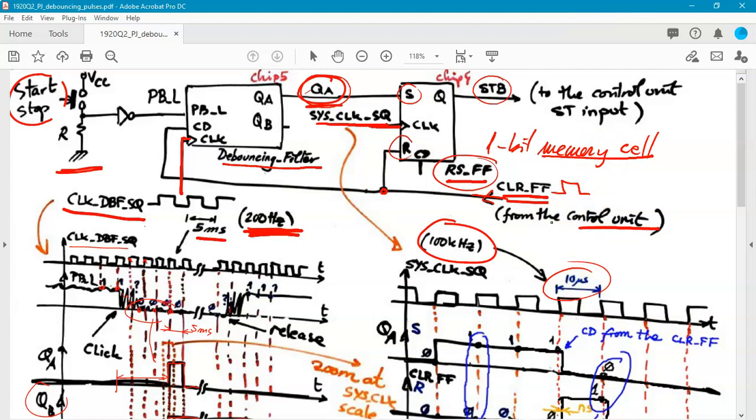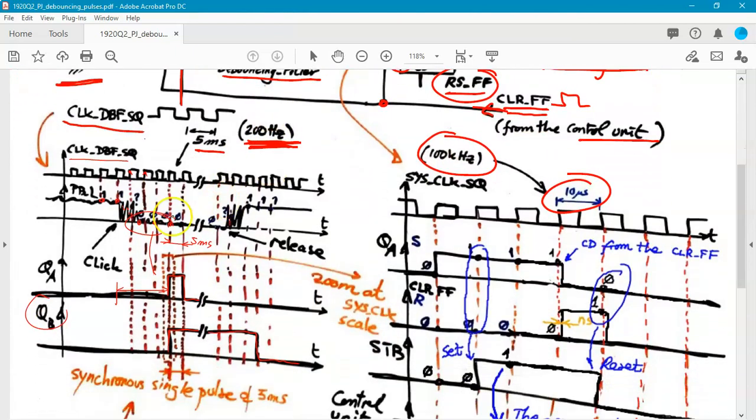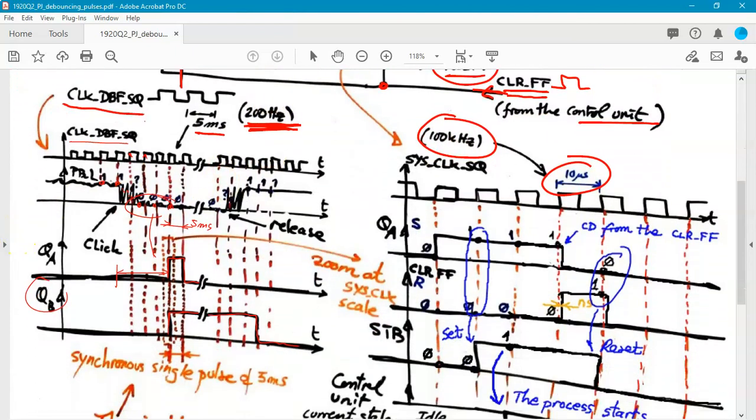So that's the picture, okay? It is not a simple picture. So what we can do here to study this situation is to talk about the timing diagram associated to the debouncing filter, but now let's zoom around the important event, which is above everything else, the detection of the rising edge in QA.